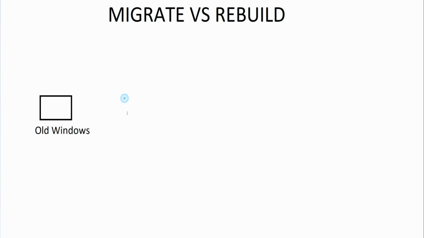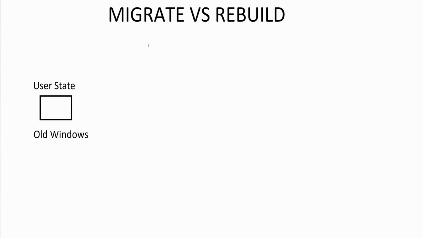It could be that this is a laptop, or it could be a desktop. Either way, you've got an old version of Windows on there, and the user's got all of their stuff, or what we call the user state, right? Now, the user state is all of your user's documents, desktop settings, shortcuts, screensaver, wallpaper, whatever.